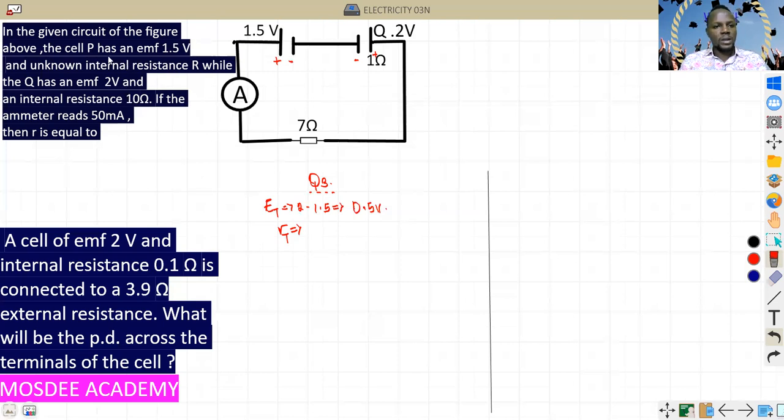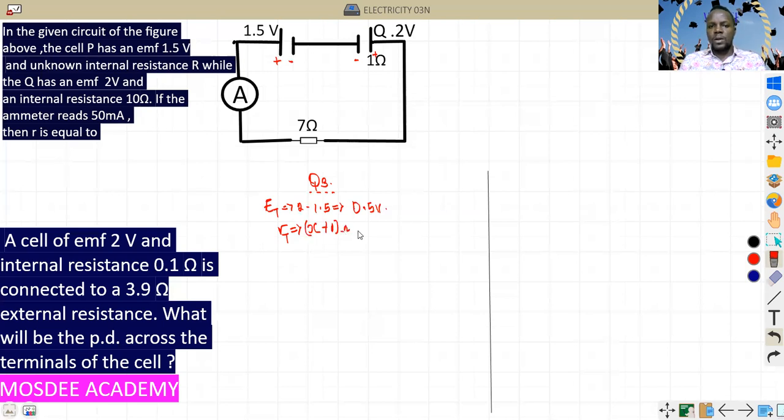The first one was unknown. Let me call that X. And the second one was given to be Y, the cell of 2 volts with internal resistance of 10 ohms. I suspect this is 1.0 because in the labeling here, this is 2 as this is 1 ohm. So we can write it as X plus 1 in ohms.